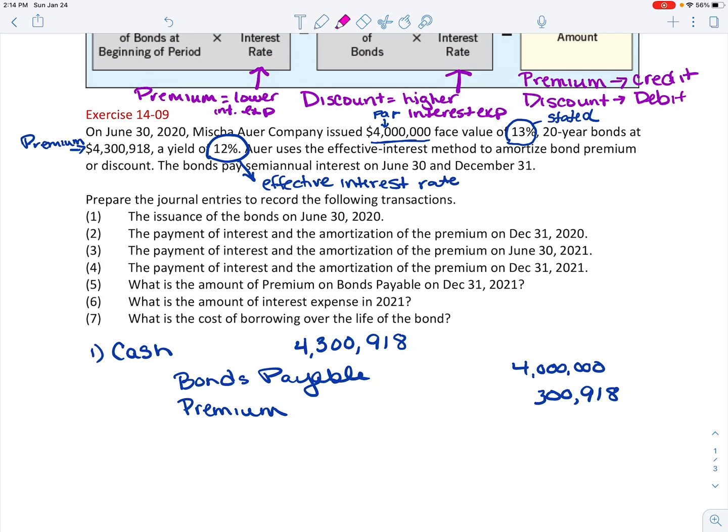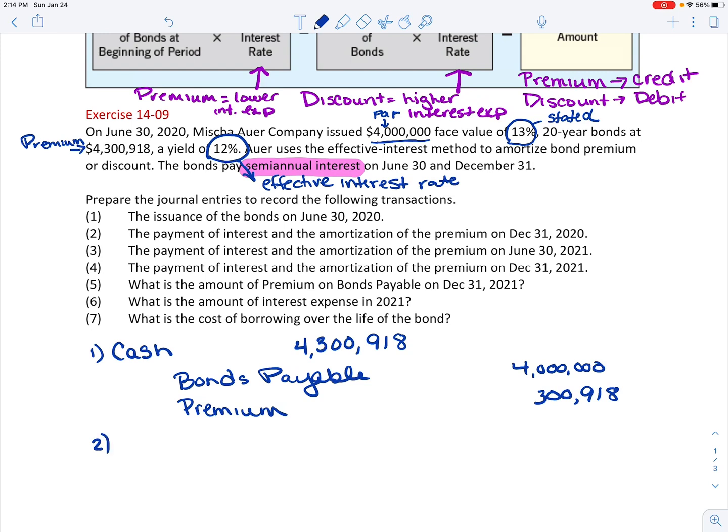Now you also want to note that in this chapter, most of these are semi-annual interest. That means we get paid twice a year, but our stated rate and yield are always presented on a yearly annual basis. So we need to adjust for that.